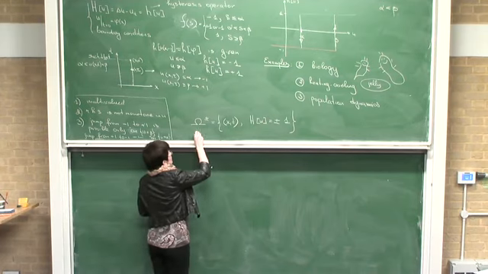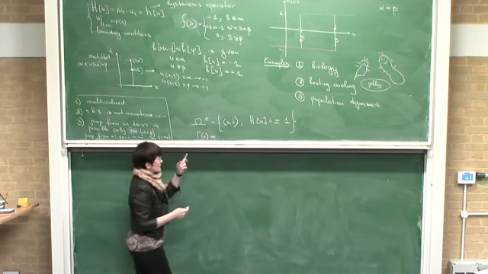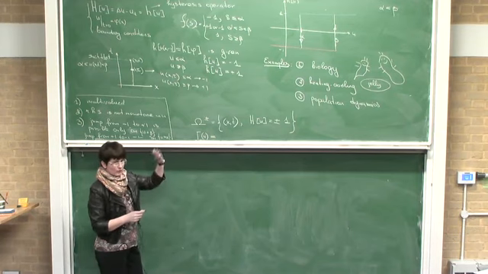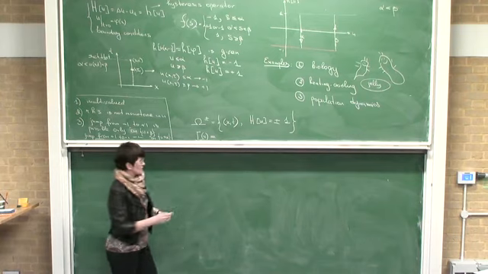Then the free boundary we define as the set of points where we have a change of phases, where we have jumps on the right-hand side.